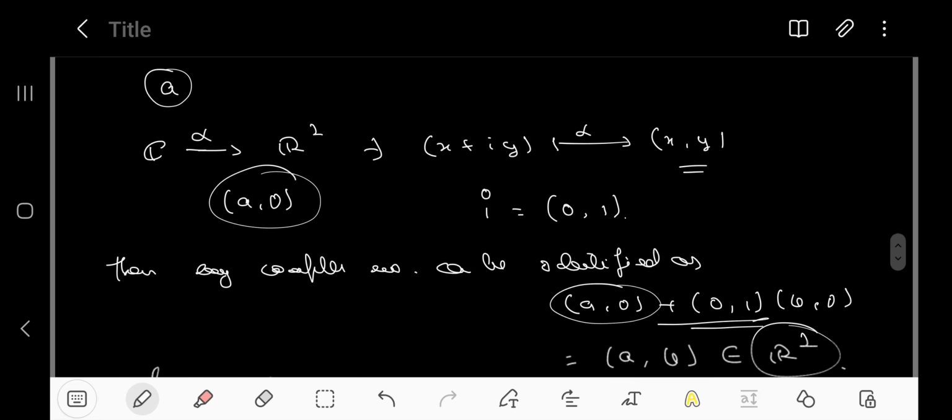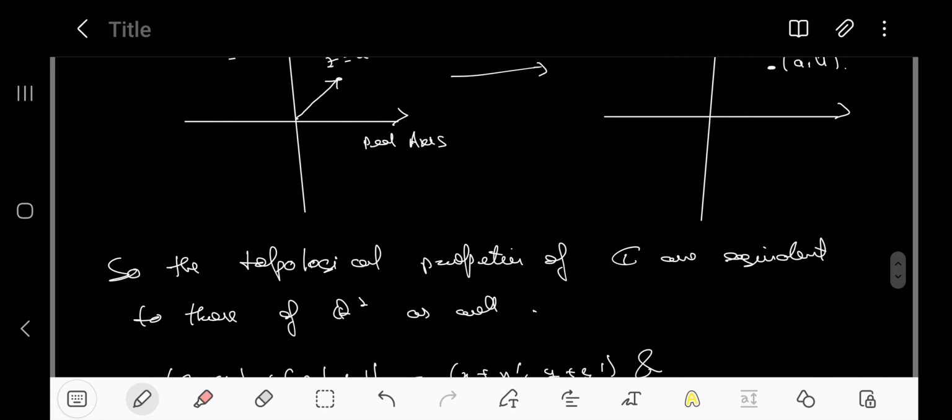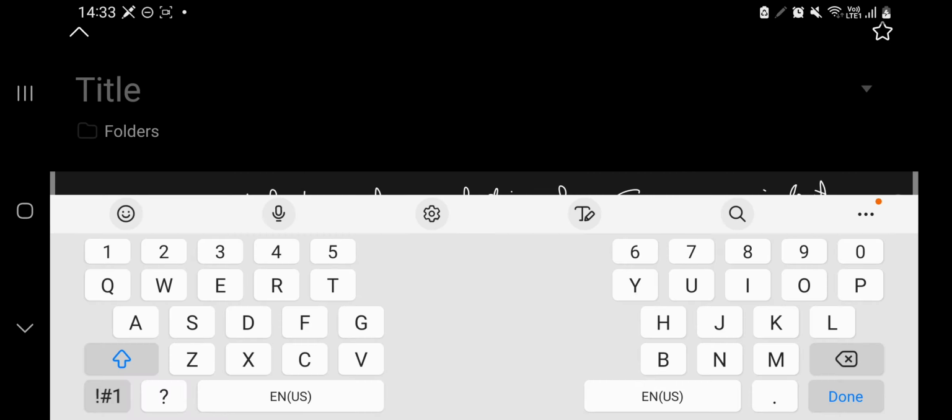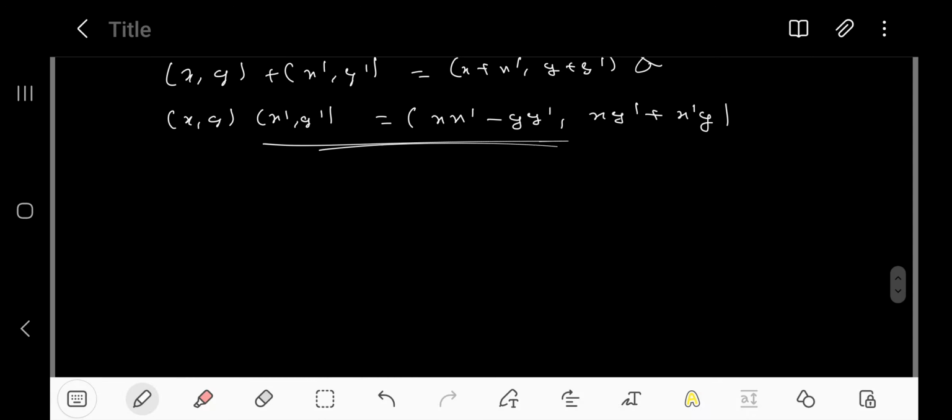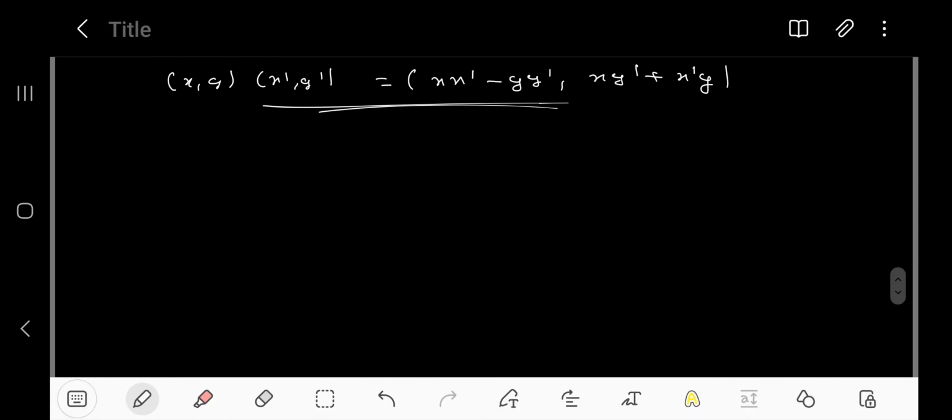So one more topic which we will discuss now, and we will end this lecture. It is basically discovering the polar form and the Euler form of a complex number, and then we will end this lecture. Okay.